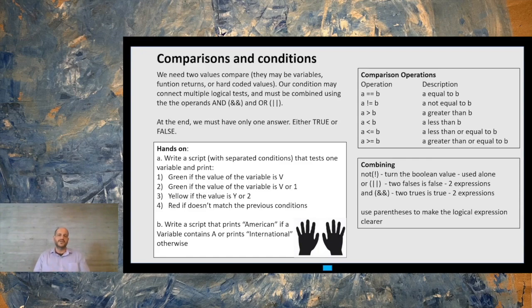The important thing here is, remember, the condition inside the parentheses should result in true or false. To compare if two values are equal, I will use double equal. If I want to check if they are not equal, I will use the exclamation sign with an equal.